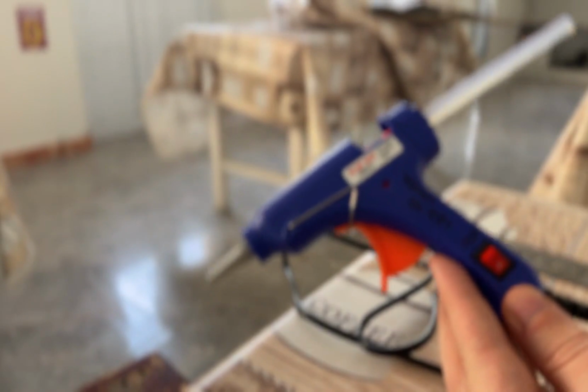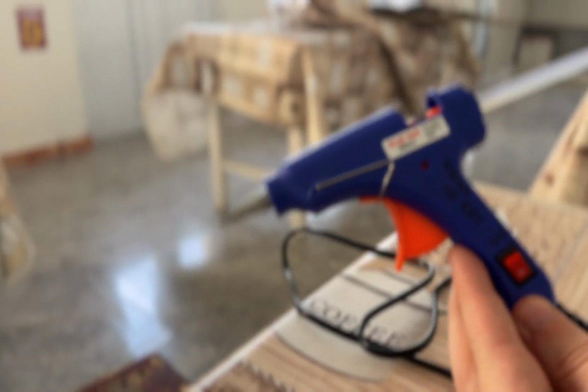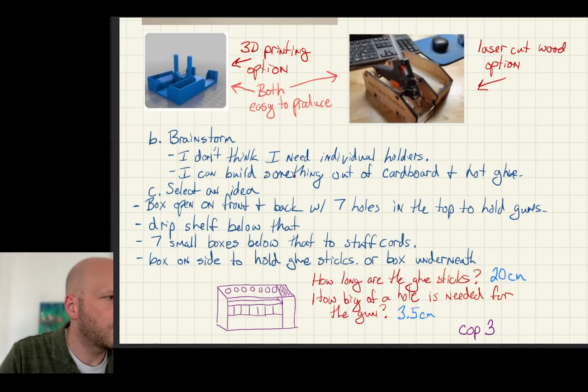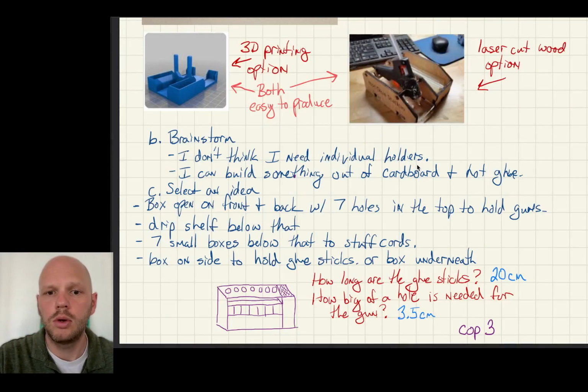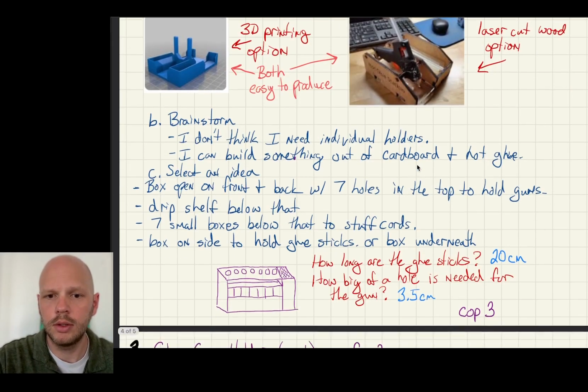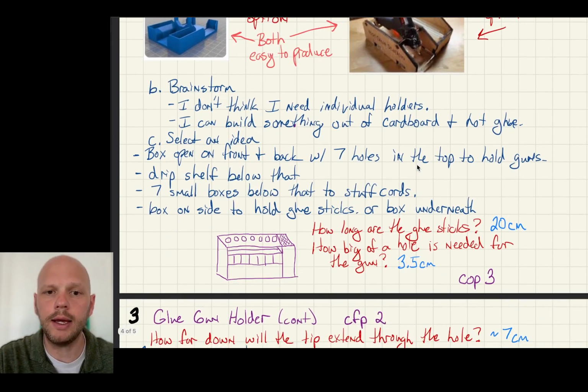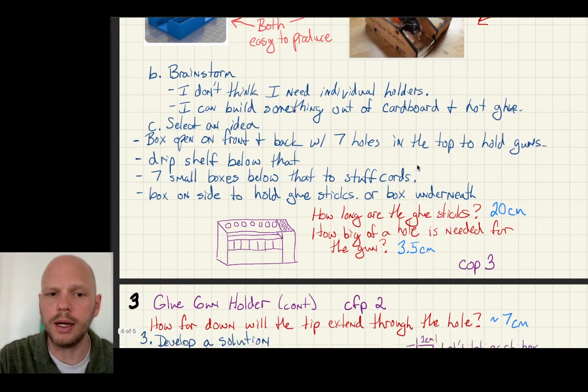So I took my glue gun and I just measured the diameter there, and I measured this way right here. Sorry that's out of focus. All right, so with that said, I need about a 3.5 centimeter opening, I think.